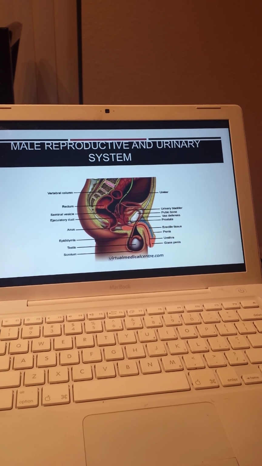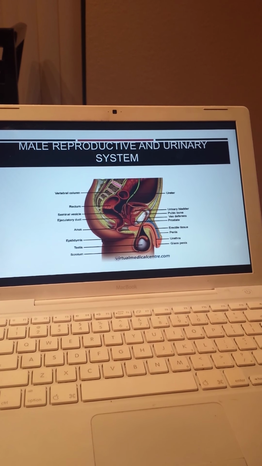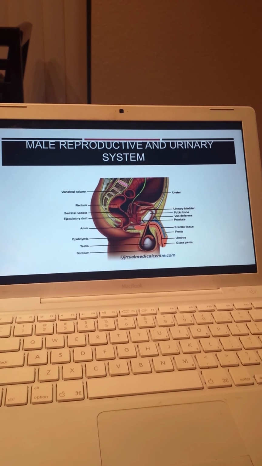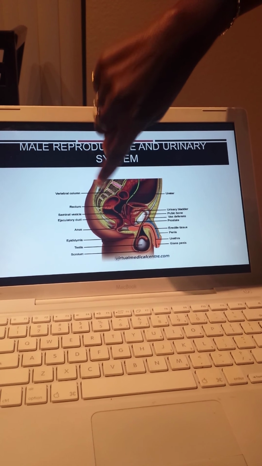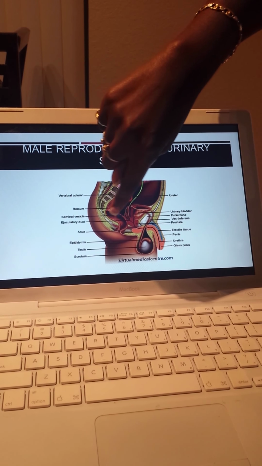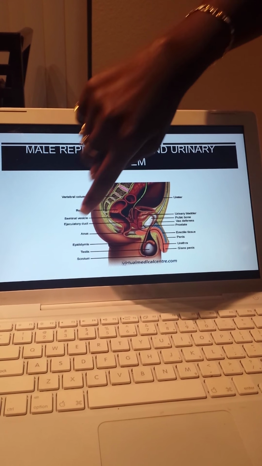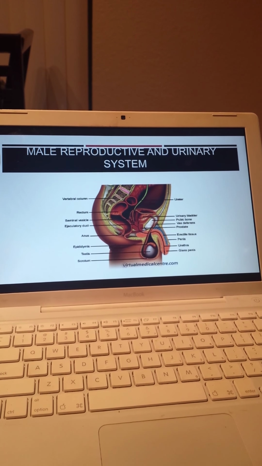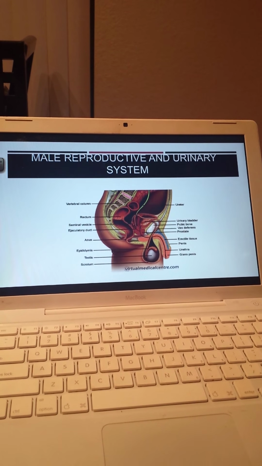Okay, and here we have an image of the male reproductive and urinary system. And both consist of a few things here. We have the vertebral column here, the male rectum, the seminal vesicles here, the anus, the epididymis, the male testes, which is right above the male scrotum.